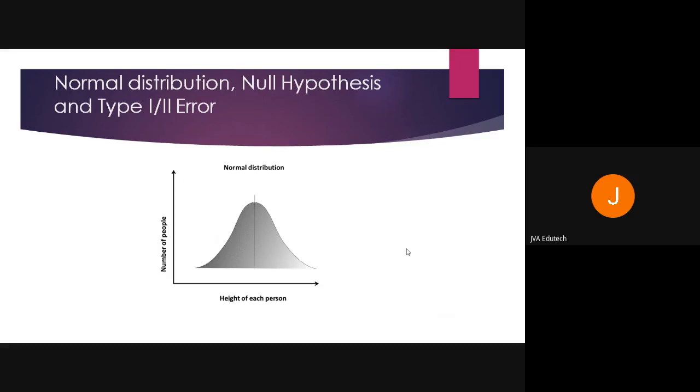Like I have taken the height of each person in my population, and if it is normally distributed, then it will show that very few people have larger heights, very few people have smaller heights. However, the maximum number of people will have average heights. That's what a normal distribution tells us.